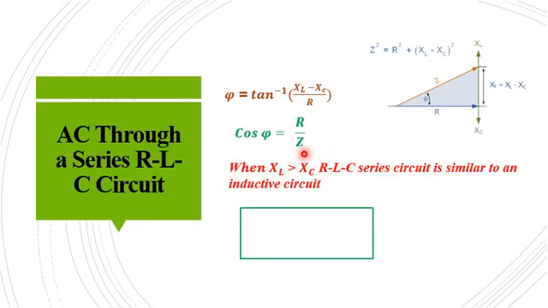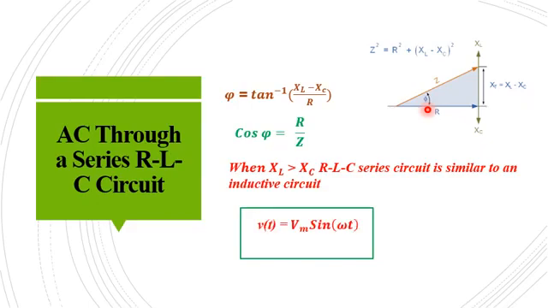So here we already saw that when XL is greater than XC, the RLC series circuit is similar to an inductive circuit. And the resultant voltage will be leading the current by an angle phi. Or in other words, the current lags the voltage by an angle phi.